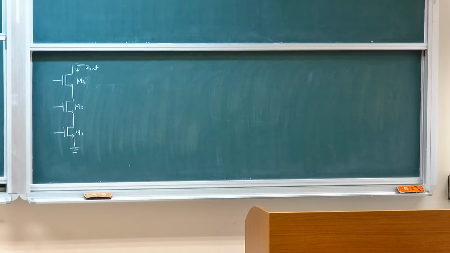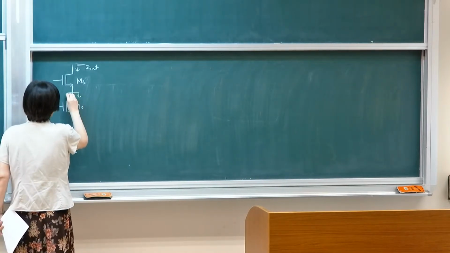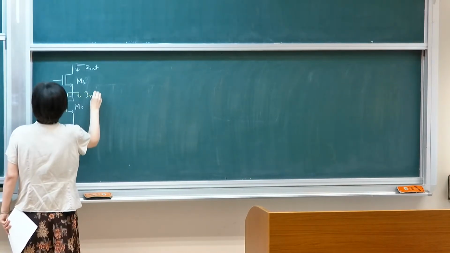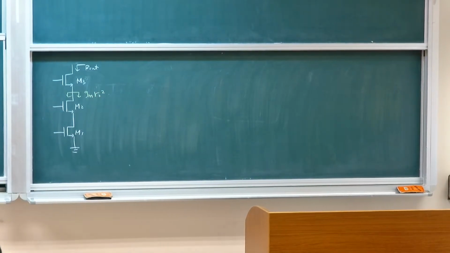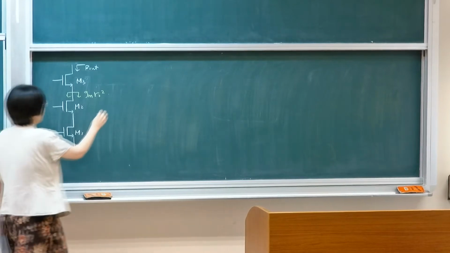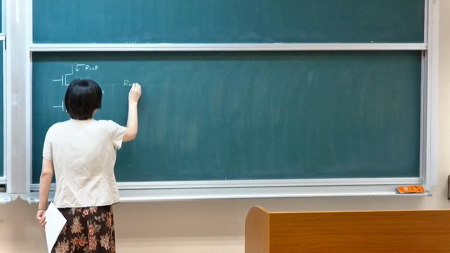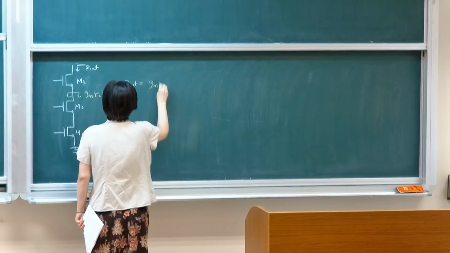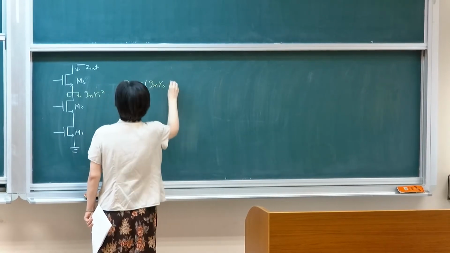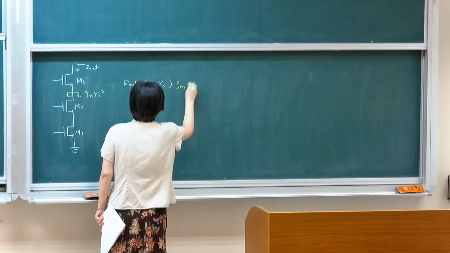So if I'm looking in from this 3-stack structure, assuming that I'm looking in from here, I already know this is GM RO squared. OK? So simply Rout will be GMRO, based on the same equation, times another GMRO squared.